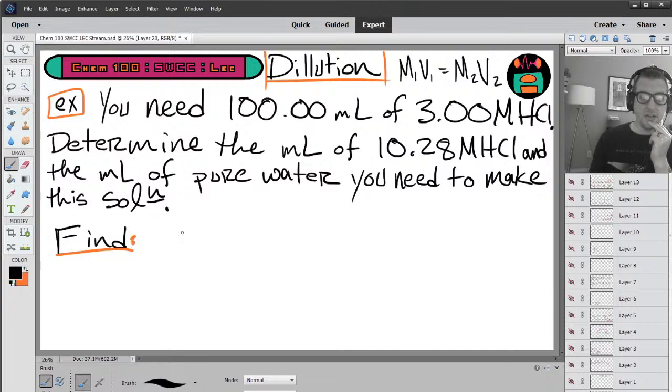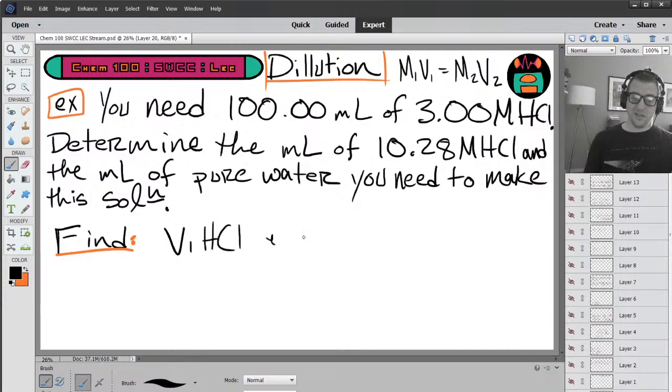We need to find the volume of HCl, and we need to find the milliliters of pure water.